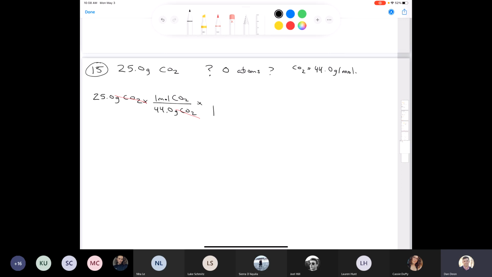I know that in 1 mole of CO2, I have 2 moles of oxygen, don't I? Now remember, if I have CO2 as a whole, 1 mole of that whole thing, there's 2 oxygen atoms in it, so I have 2 moles of oxygen atoms for every 1 mole of CO2. Okay, so that gives us our second conversion factor.